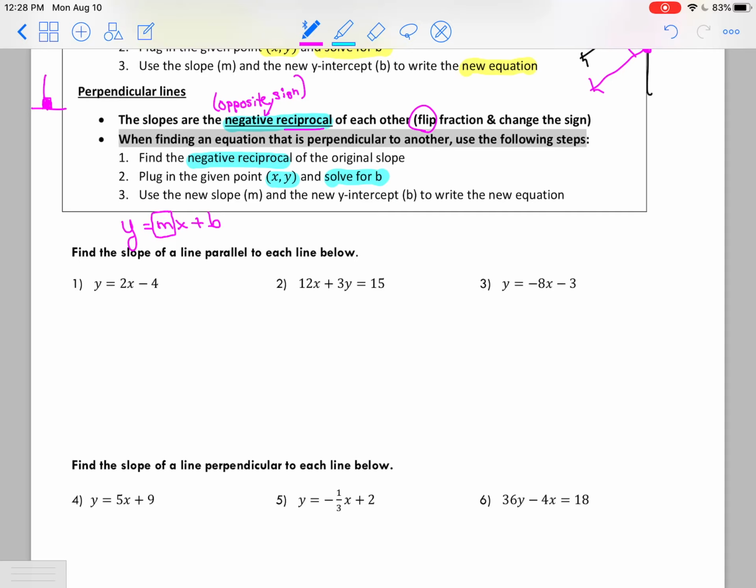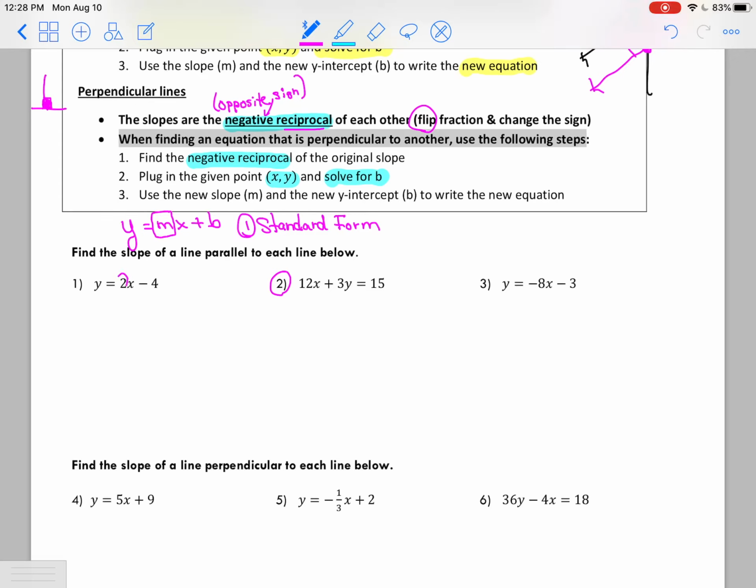And we want to make sure that it is written in this form before we make that decision. Because if it's not written in this form, then, for example, like question number 2, it's a little bit harder to figure out what m is. So we're always going to make sure that we rewrite it first to find that slope.